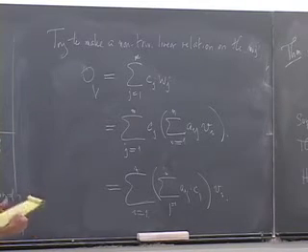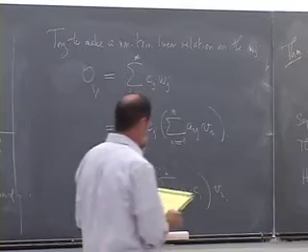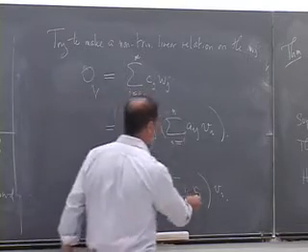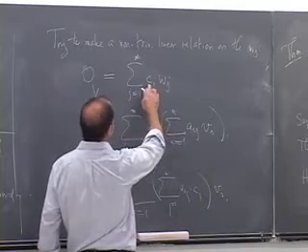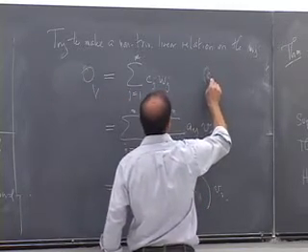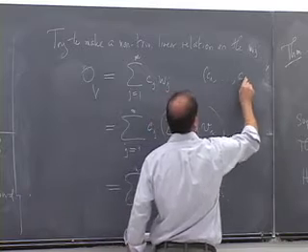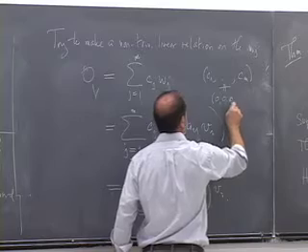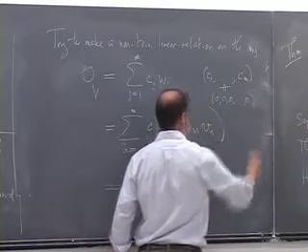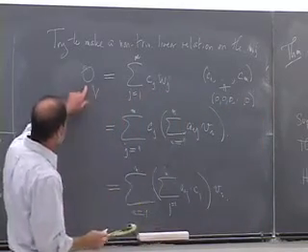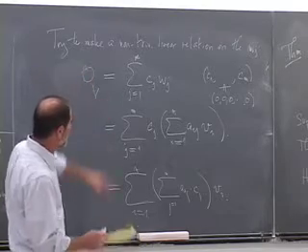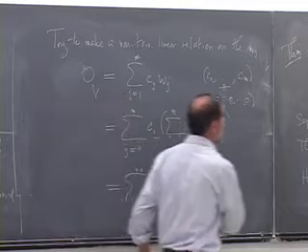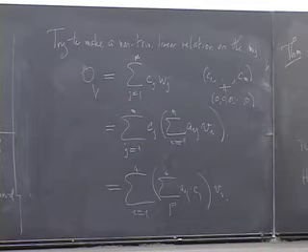Now, we're trying to look for a vector c1 up to cm, which is not equal to the 0 vector. One way we could get this relation to be 0 is if all these coefficients were 0. So here's the argument.